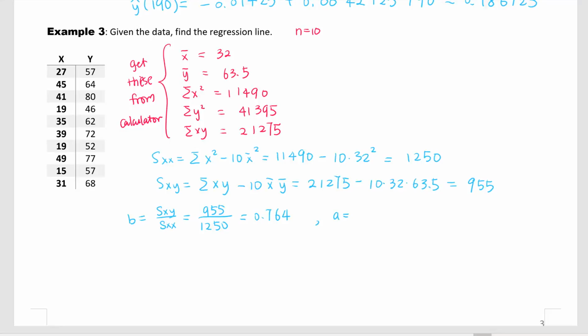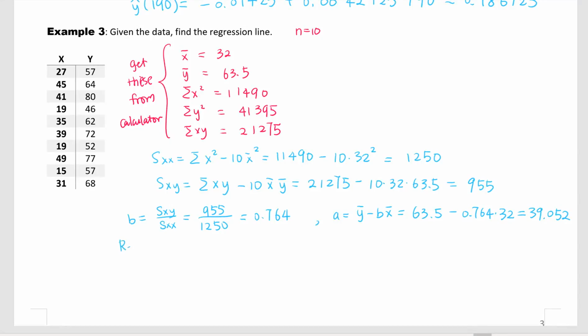Then a is y bar minus b x bar. Y bar is 63.5, b is 0.764, x bar is 32. Plug this in your calculator and I get 39.052.